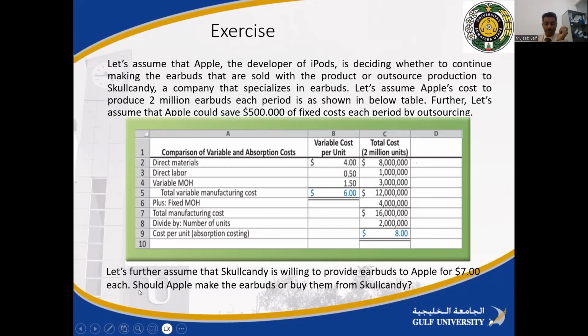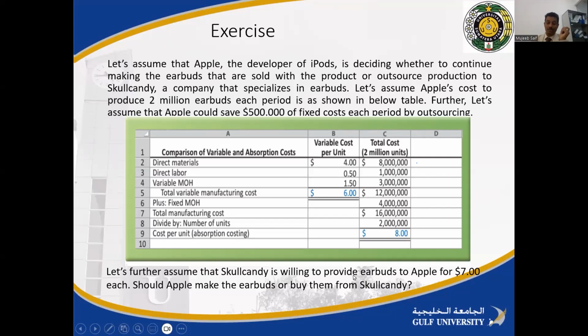So as a managerial accountant at Apple, should the company make the AirBuds or buy them?